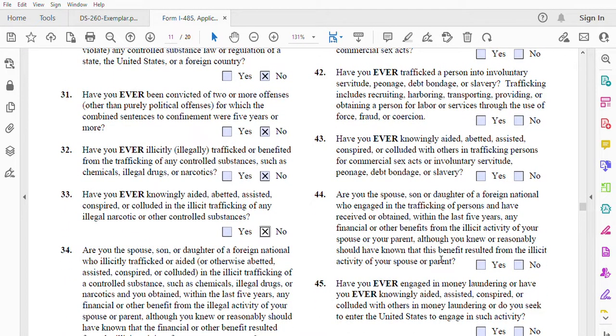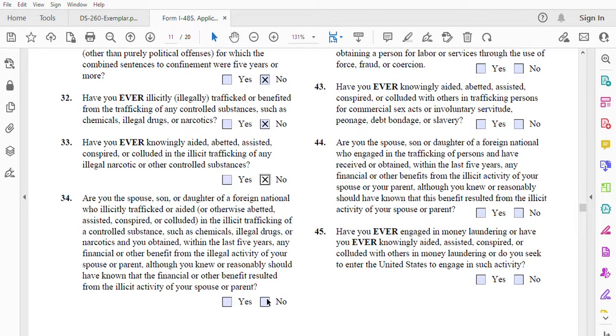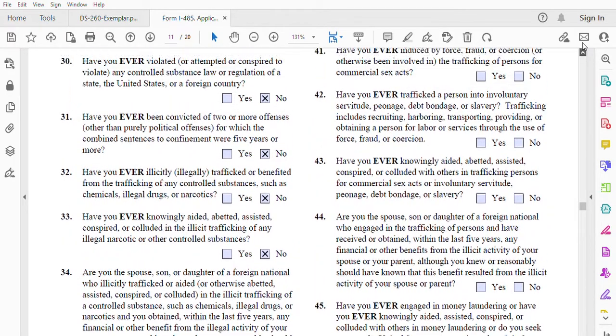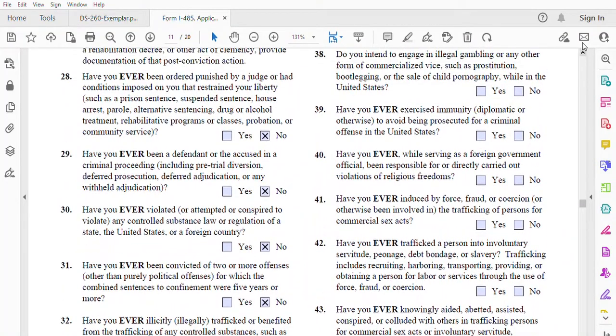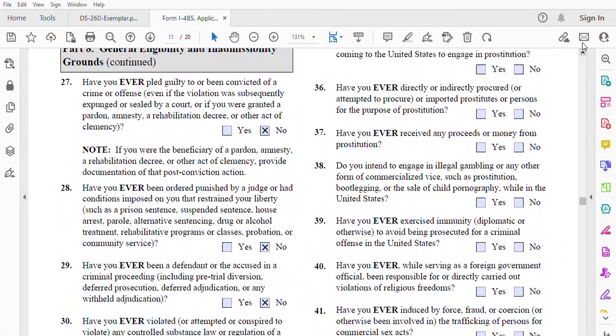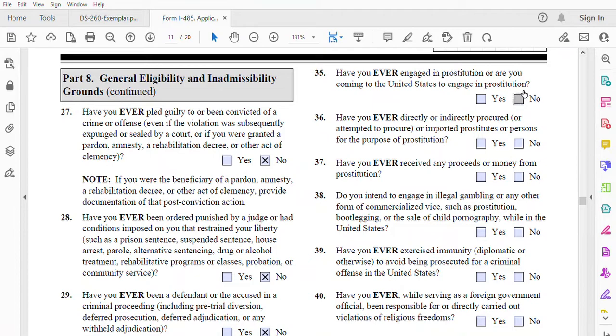No. Are your spouse, son, or daughter? No. I'm going to go to the top of this page. No. No. Have you ever received any proceeds or money from prostitution? No. Do you intend to engage?